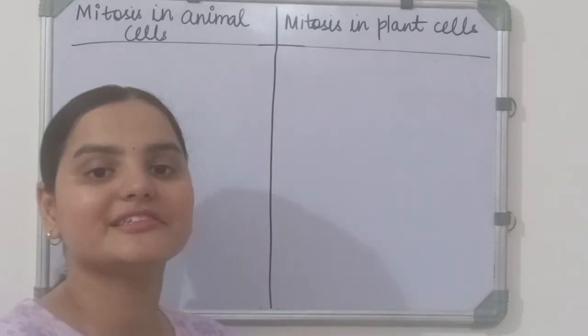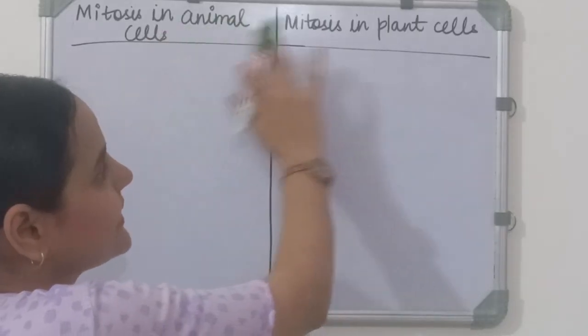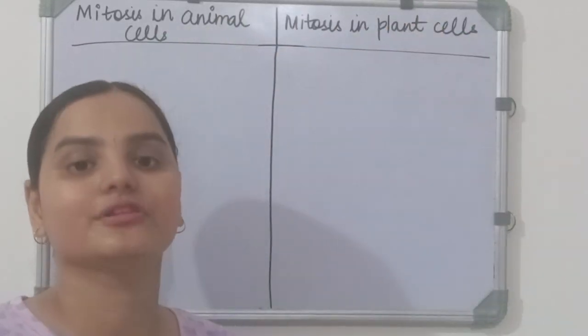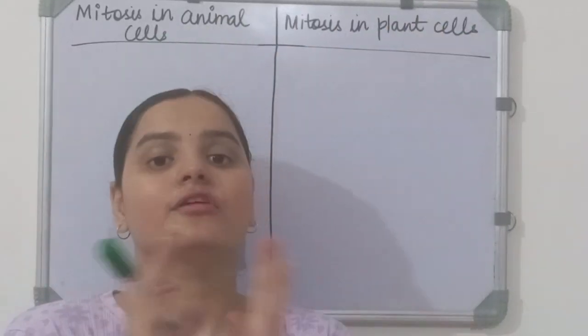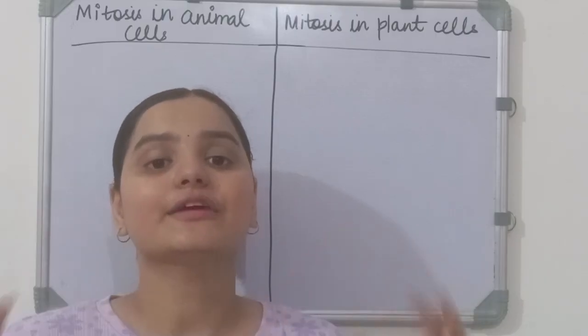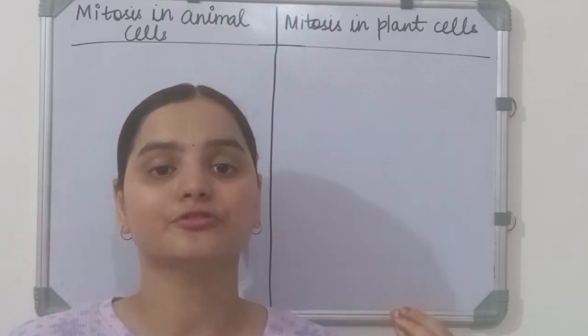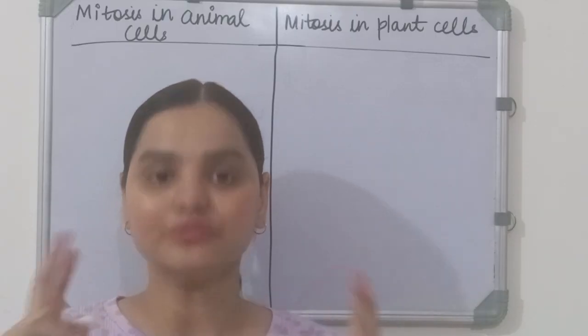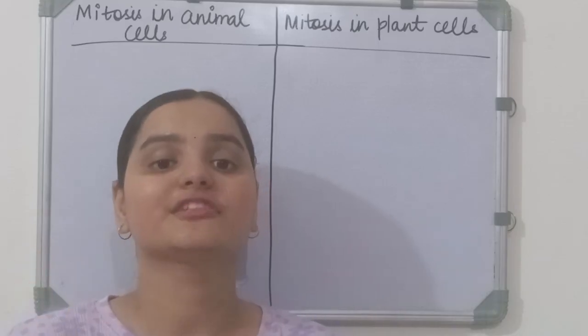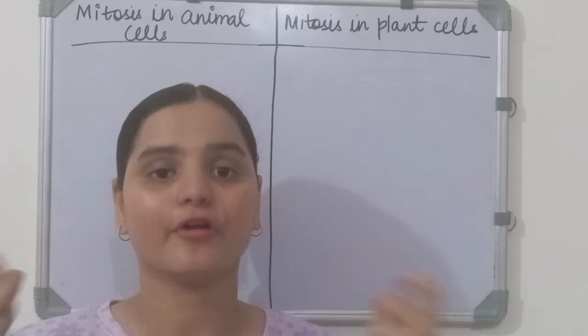Let's see the difference between mitosis in animal cell and mitosis in plant cell. The mitosis in animal cells occurs with the help of centrosomes, which contain two centrioles and are responsible for spindle fiber formation.